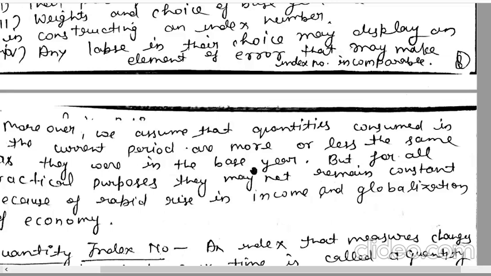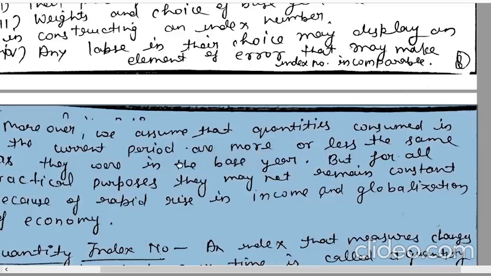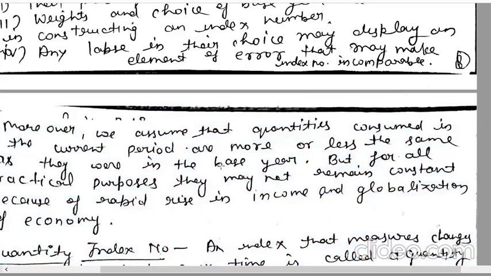Moreover, we assume that quantities consumed in the current period are more or less the same as they were in the base year. But for all practical purposes, they may not remain constant because of rapid rise in income and globalization of the economy.